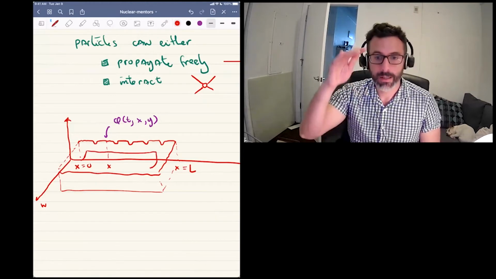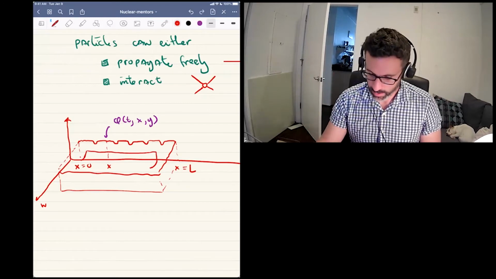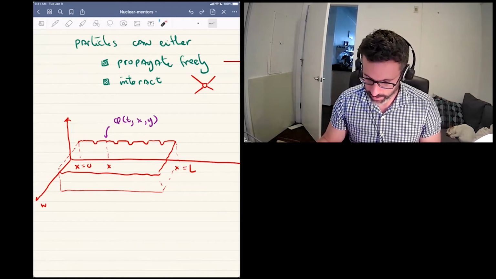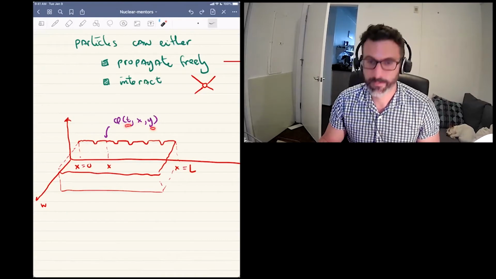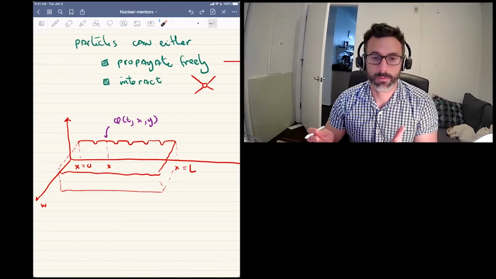So the height can also vary with time. And so the mathematical function that describes the height as a function of the length, the width and time, I can describe as a field. Okay, so it's a scalar field.